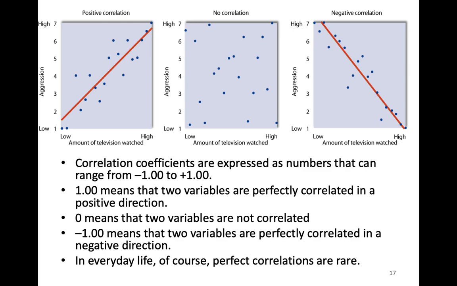So if they see aggressive acts, they might be more likely to behave in the same way at school with siblings, etc. So when we have a positive correlation between the amount of violent TV watched and aggression, it means that the children that are exposed to the most violent TV are the ones that are the most aggressive. The children that watch the least amount of violent TV are the least aggressive. And then, of course, the middle values go with the middle values.